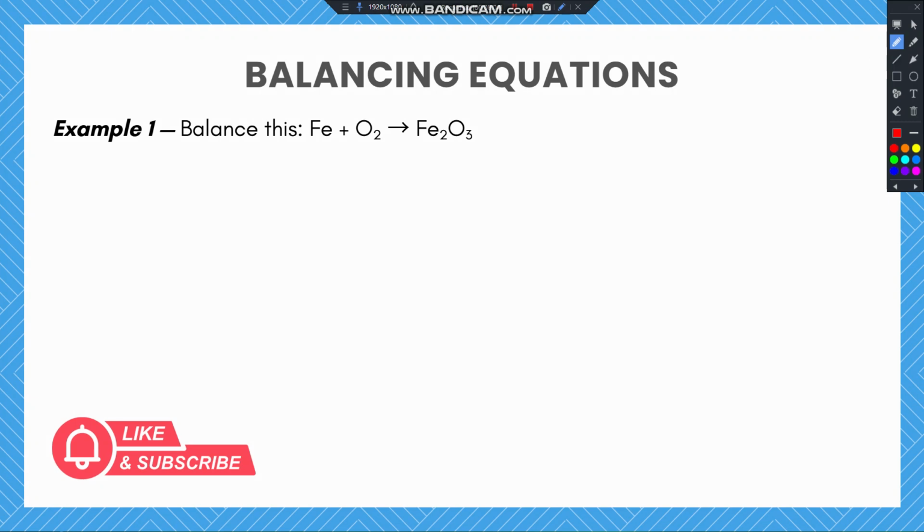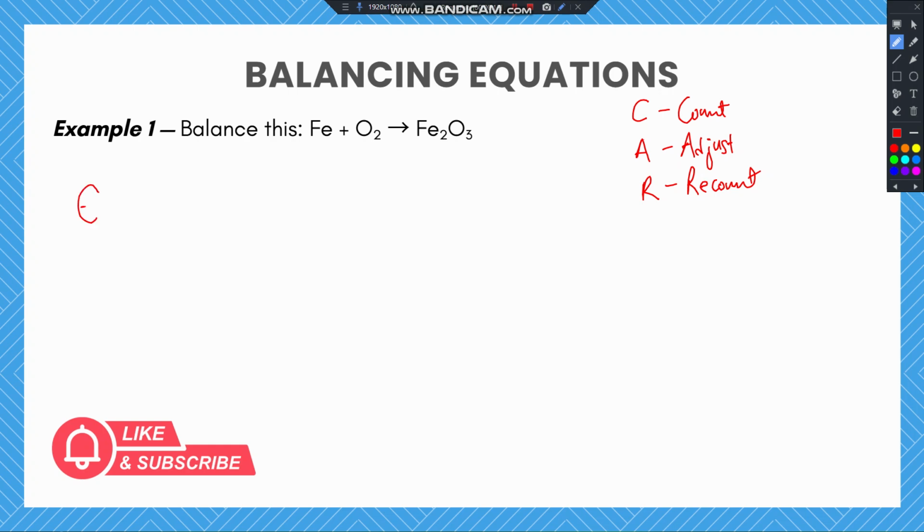We have this equation on the screen. How do we balance it? Well, let's do that very quickly. The first thing to do would be to use our CAR method, CAR. C stands for count, A stands for adjust, and R stands for recount.